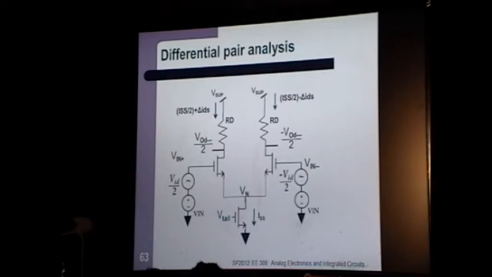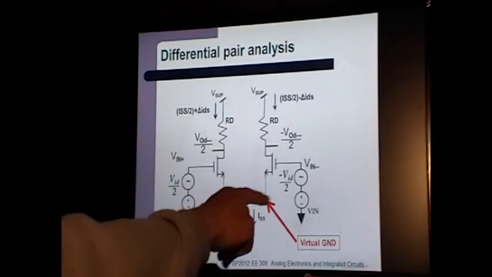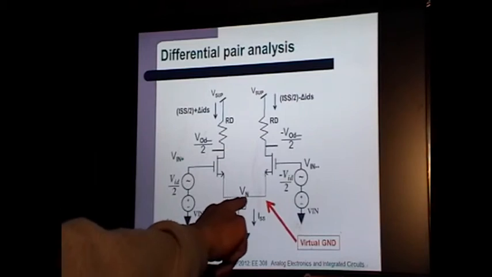Okay, so first, differential pairs. Differential pairs, we looked at how you calculate the gain for these. And the important point was that if you used balanced inputs, this node right here doesn't move.